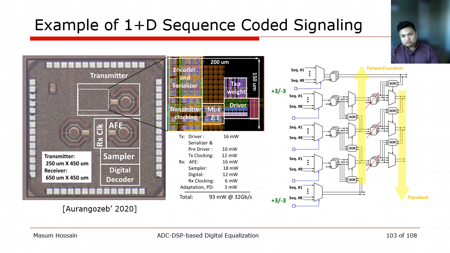The advantage of doing it this way is that it's a bitwise comparison, so using only an XOR gate and a mux selection, I can decode both the accumulation, comparison and selection part to a single bit comparison, and the hardware is significantly simplified. Comparing this 93 milliwatt at 32 gigabit per second to the traditional implementation of a Viterbi decoder, it is a much simpler alternative.